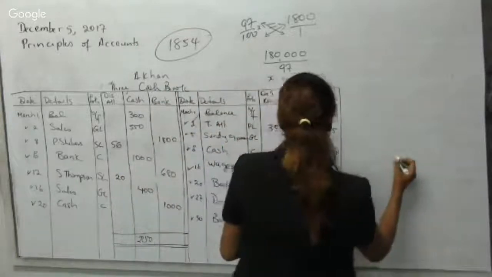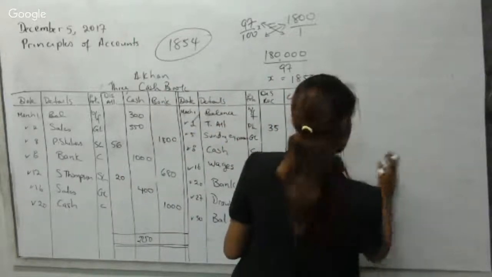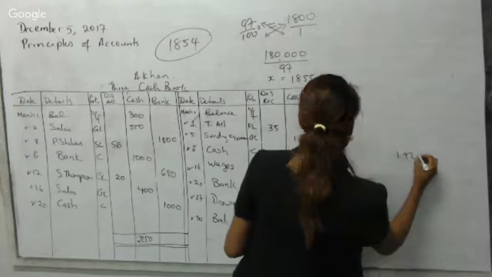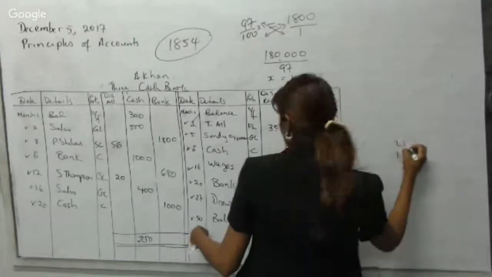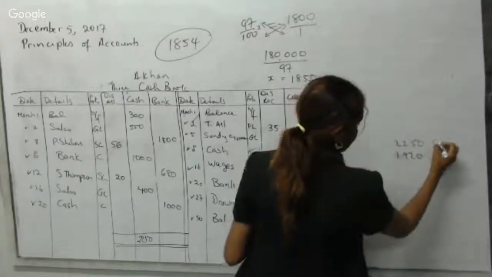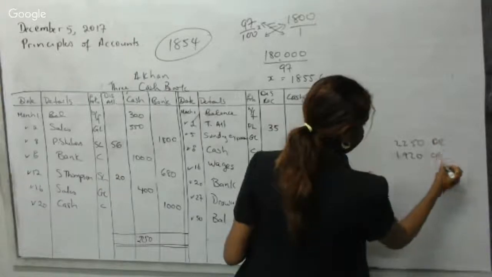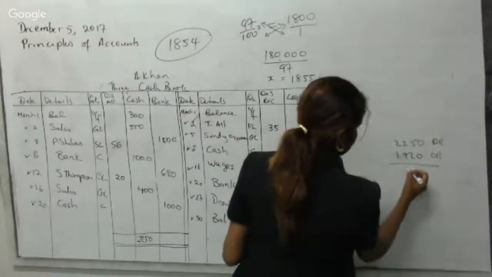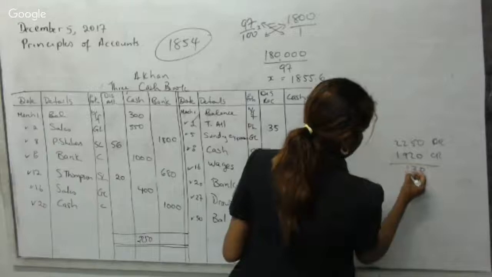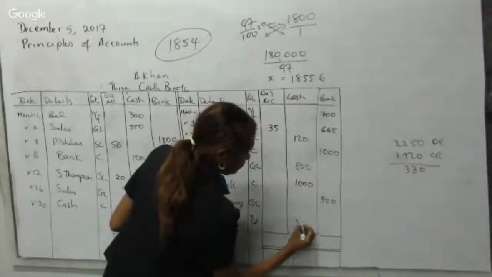That gives 1,920. And then the other side was 2,250. So we find the difference between the two sides. The balance is 330, carried down on the lower side.